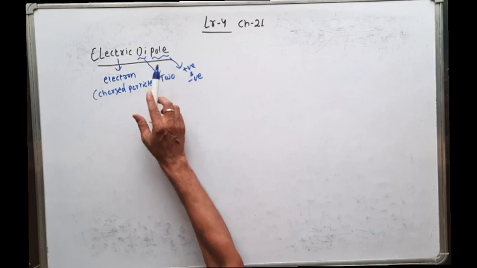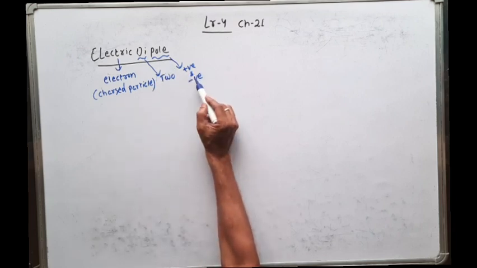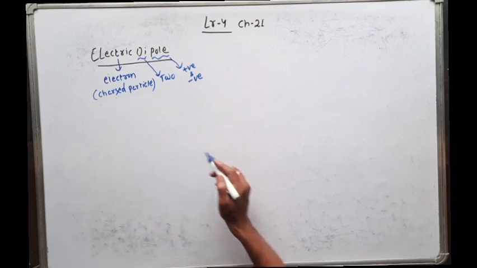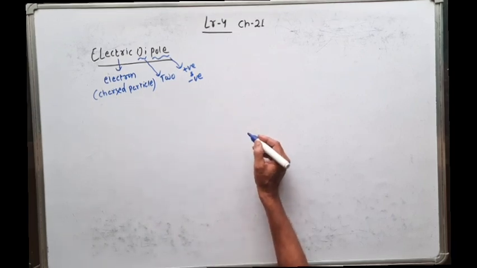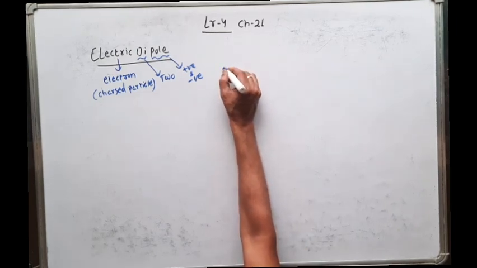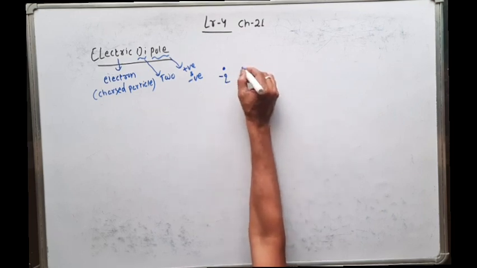So electric dipole is two equal and opposite charges separated by a very small distance apart. Suppose this is a charge minus q, this is plus q charge.